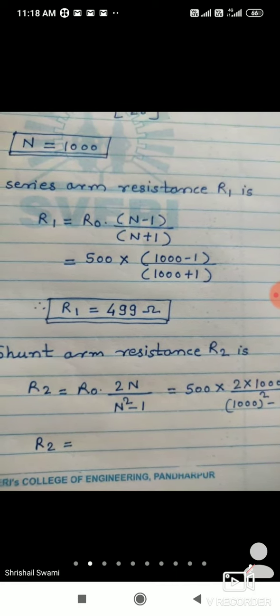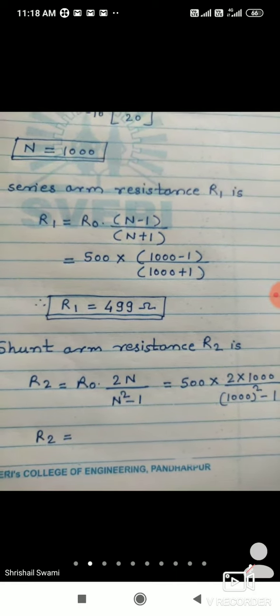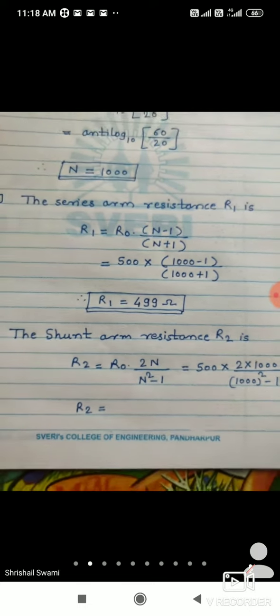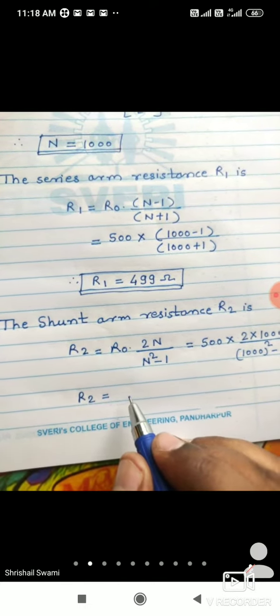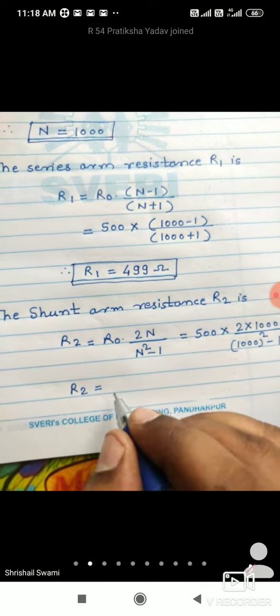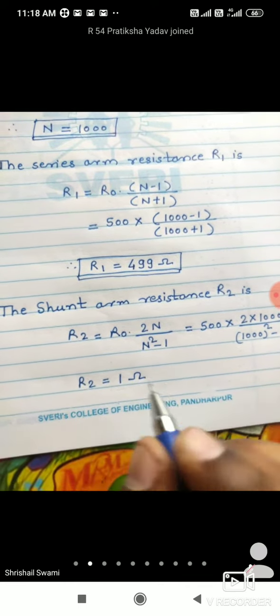What is the exact value? 0.99, which is about 1 ohm.